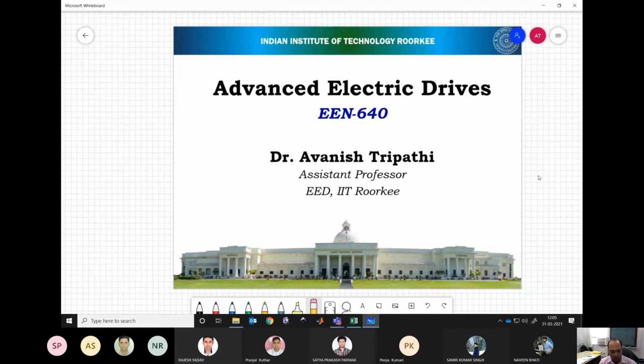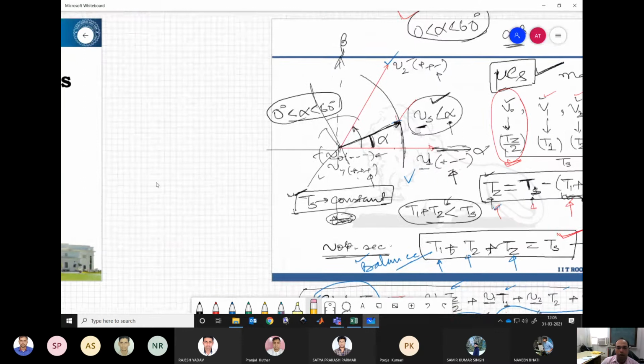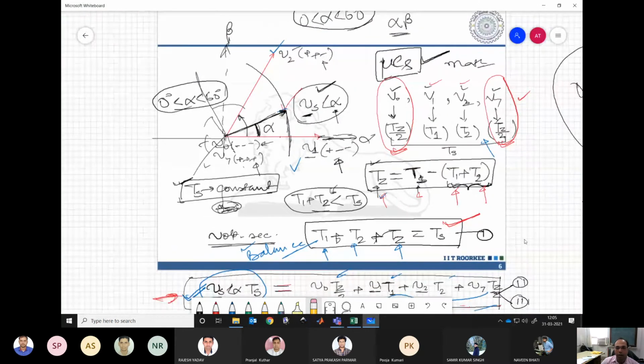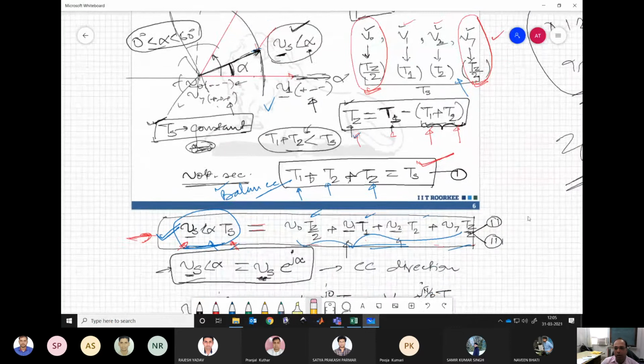In this course, we are trying to study the control of induction motor. Under this V by F, first of all, we are trying to understand different ways to control our converter, which means the pulse width modulation techniques. Here we have come across the space vector PWM, and we have seen how a vector can be realized using the active vectors and the zero vectors in that particular sector.